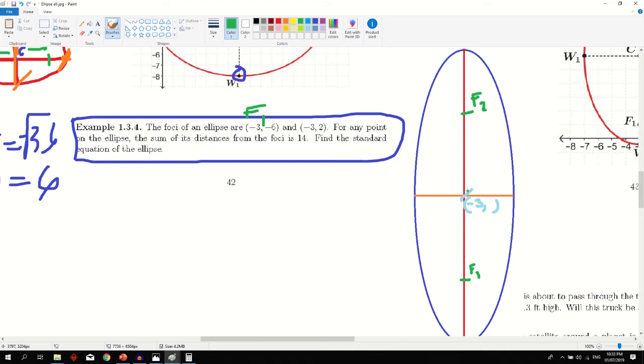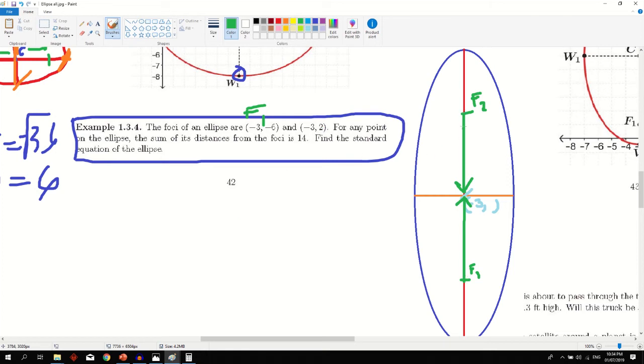So we can count. To get the center, we just need to count this one. Can we count that? Yeah, of course we can count that. So negative 3, negative 6, negative 6 to 2.